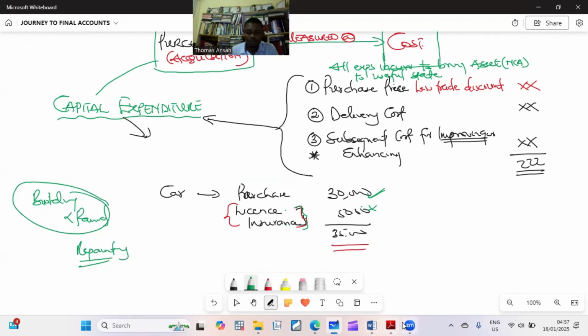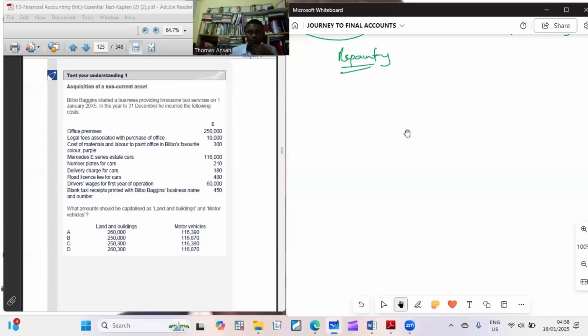Now let's pick an example. I have an example here for you. Let's pick an example and work at it. So look at this example about an acquisition. It says that Bilbo Baggins started a business, all right, providing limousine taxi services on 1st January 20X5.